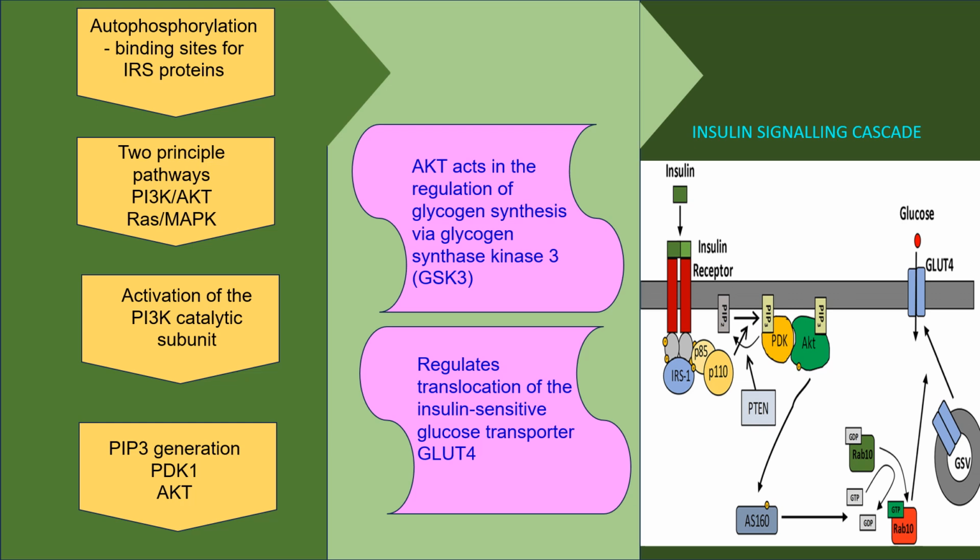When insulin binds to the extracellular alpha subunits of the insulin receptor, a conformational change is induced, which then results in the autophosphorylation of several tyrosine residues present in the beta subunits. These form the binding sites for IRS proteins, which contain phosphotyrosine binding domains (PTB), or for SHC adapter proteins containing SRC homology 2 (SH2) domains.